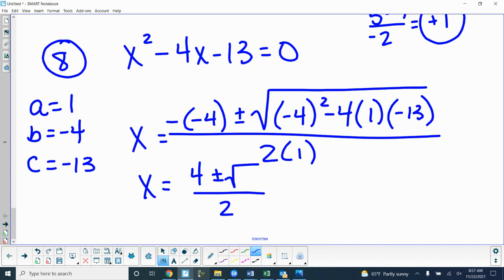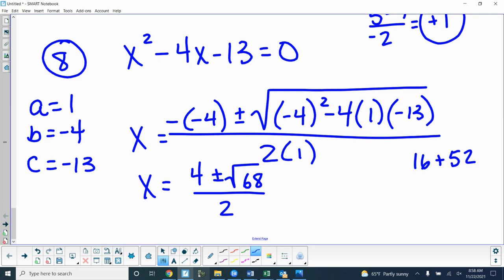All right, negative 4 squared is a positive 16. And negative 4 times 1 is negative 4 times a negative 13 is a positive what? What's 4 times 13? 52? What's 16 plus 52? 68. So that's what's underneath the radical sign.